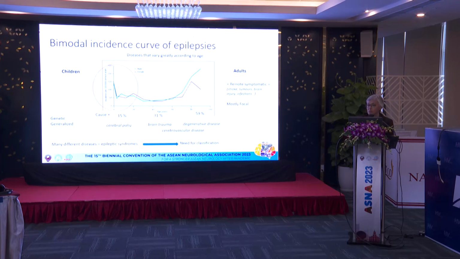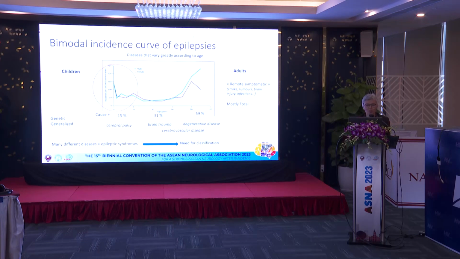It's different in children. In children, you also have remote symptomatic epilepsy, but you also have these genetic diseases, and you also have more generalized epilepsies than in adults, who have more focal epilepsies. So in children, I think epilepsies are a group of many different diseases, and you have this need for classification.